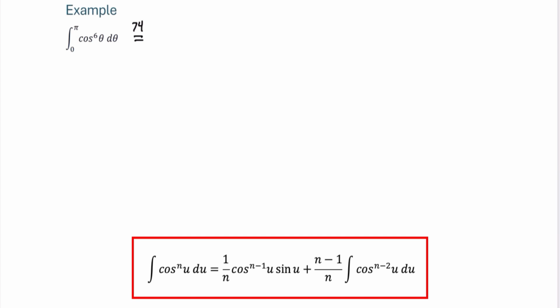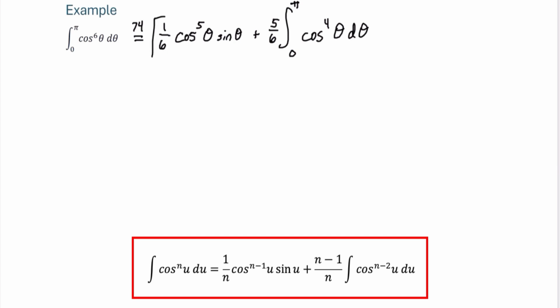We have 1 divided by n, in this case 6, times the cosine of n minus 1, that's 6 minus 1, which is 5, u, which in our case is theta, sine theta, plus n minus 1, that's 6 minus 1 is 5, divided by n, which is 6. Then we're multiplying by the integral from 0 to pi. Cosine of 6 minus 2 would be 4 theta d theta.